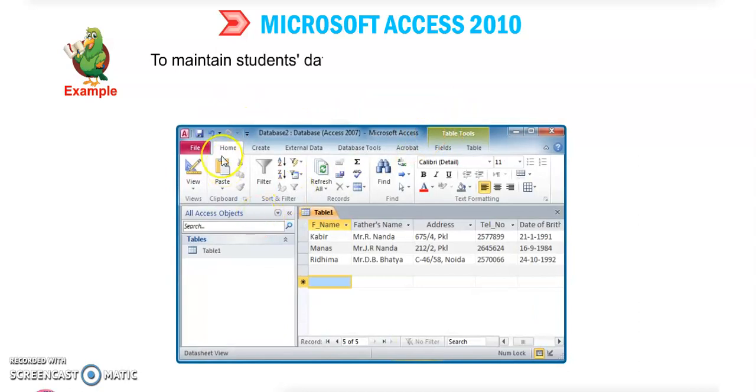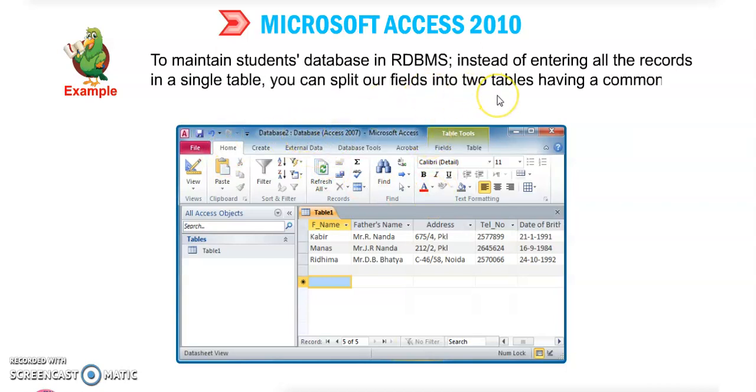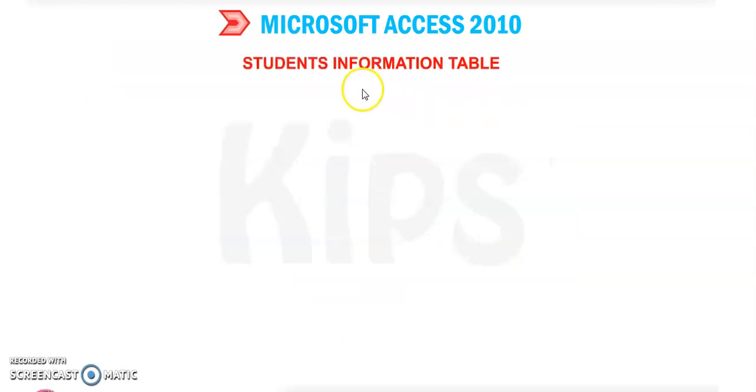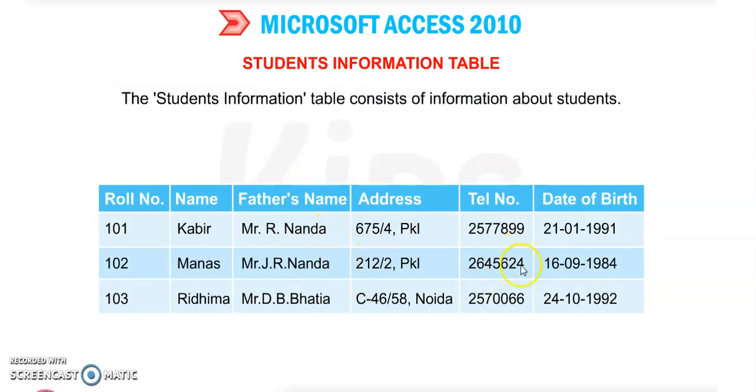Now let us understand the concept of relationship with the help of an example. To maintain a students' database in RDBMS, instead of entering all the records in a single table, you can split the fields into two tables having a common column, such as roll number. Students information table, like this. The information table consists of information about students.